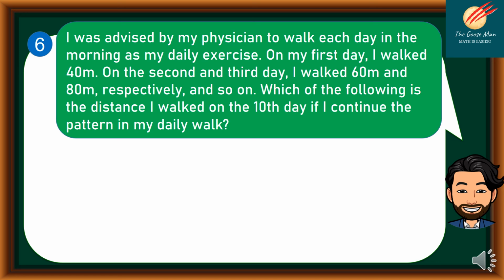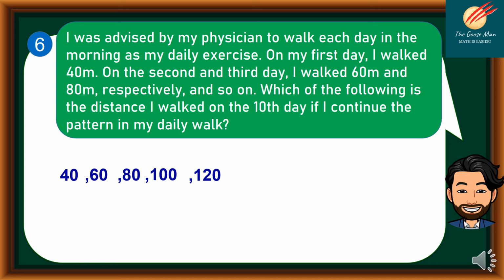So let's recall that on the first day, you walk 40. On the second, you have 60. On the third day, you have 80. If we continue this, my fourth is 100 meters, fifth is 120. So there is an increment of 20 meters each day.